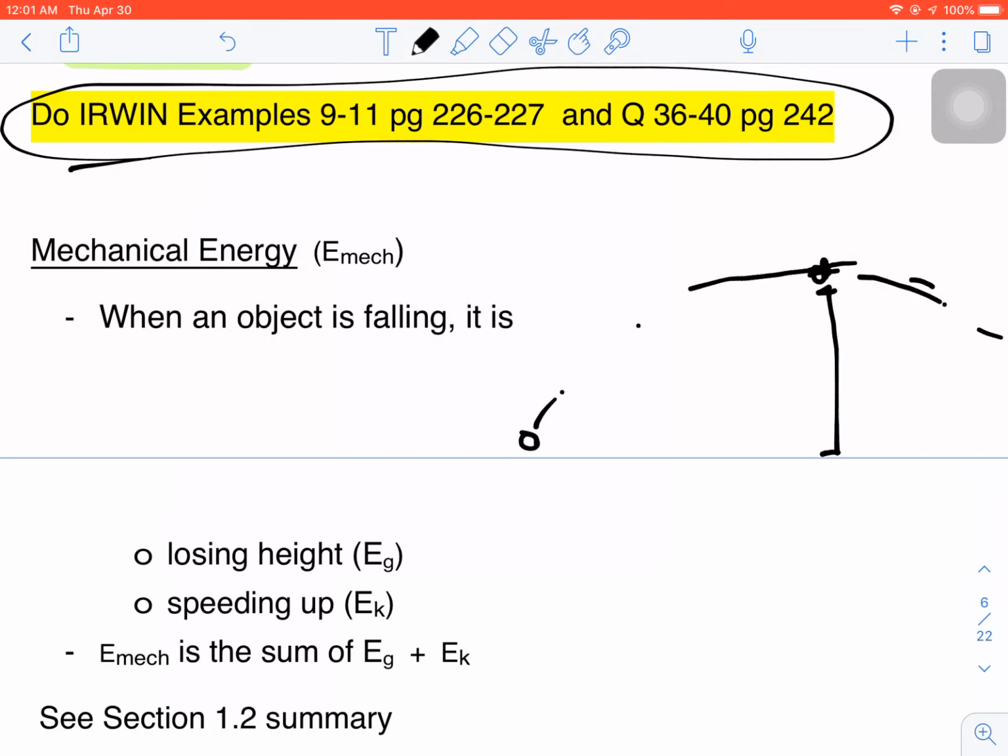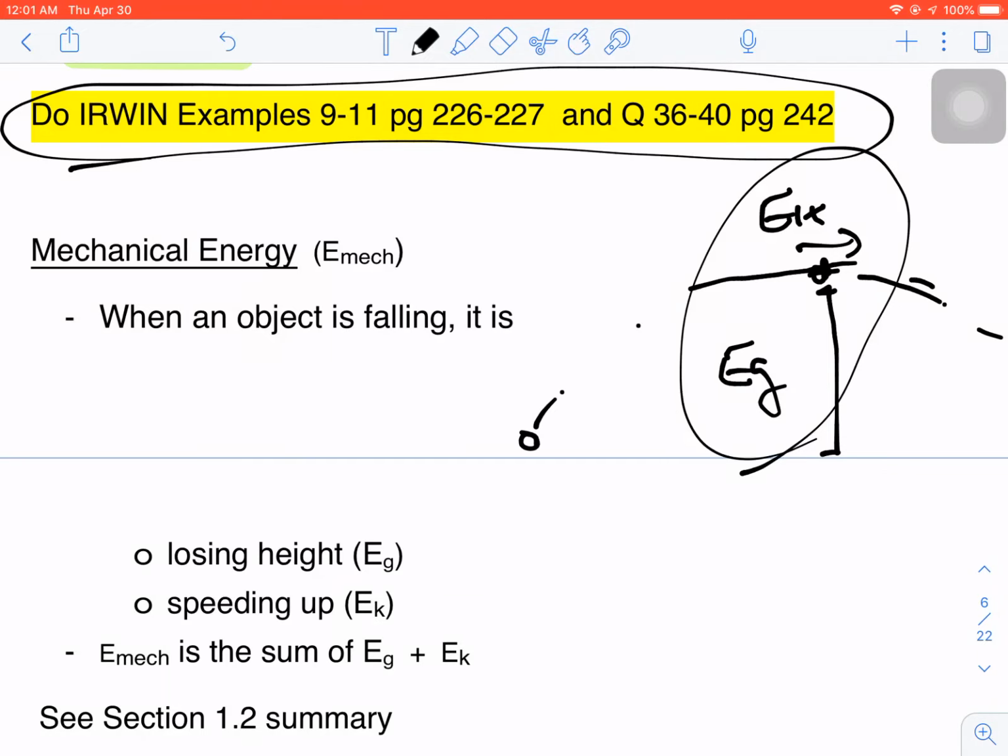It's got a certain amount of gravitational energy, and it has speed, so it has kinetic energy. The combination of these 2 energies will always be related in a way that they're very easily interconvertible. They both become part of what's called the mechanical energy.